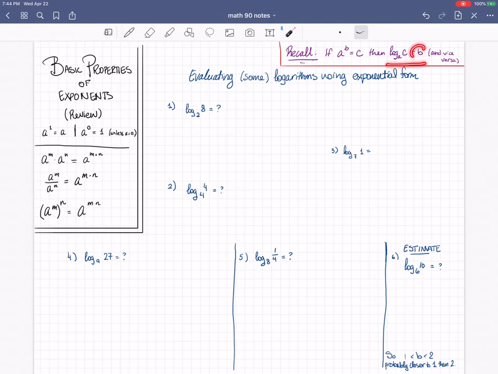So here you'll notice b is the output and c is the input. So the input and the output switched places. And any logarithmic expression can be rewritten in exponential form. Any exponential expression can be rewritten in logarithmic form. So that interchangeability is super central to everything we talk about with logs and exponentials.